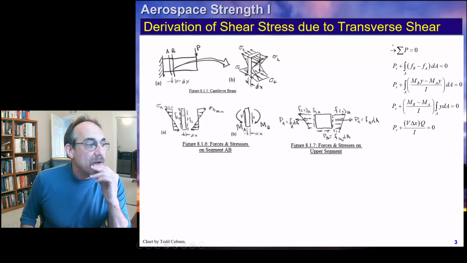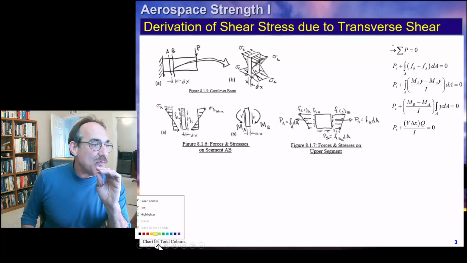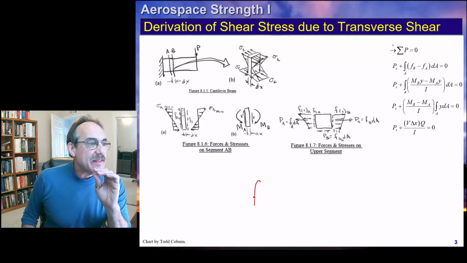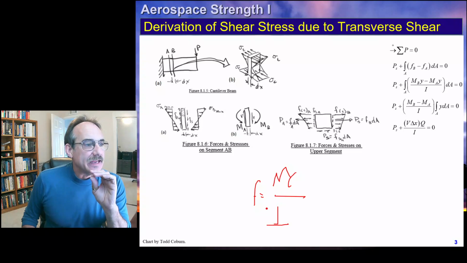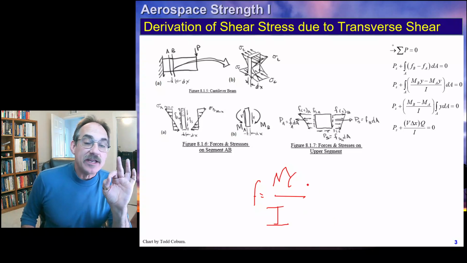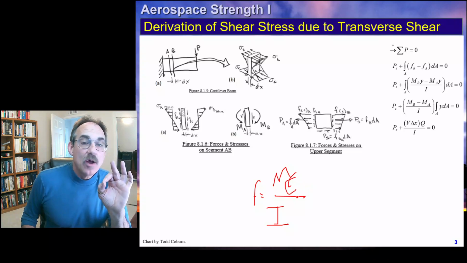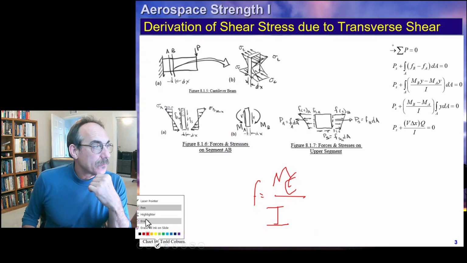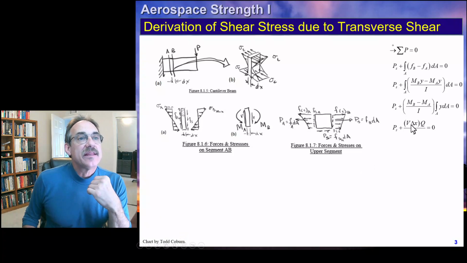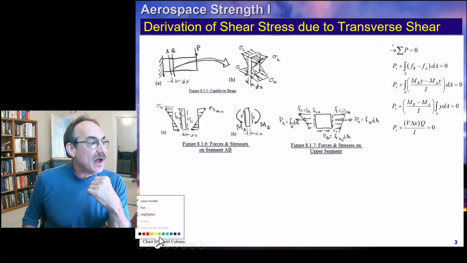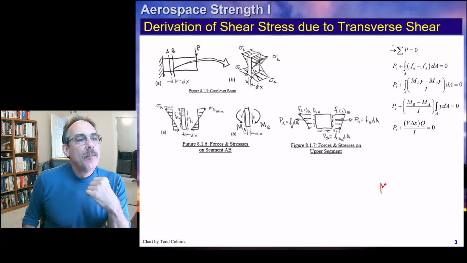Now we've got to be careful here. Remember, when we're doing bending and we say the bending stress is MC over I, I can't write with a mouse. Let me redraw this. When we say that the bending stress is MC over I, the C is just the Y, right?